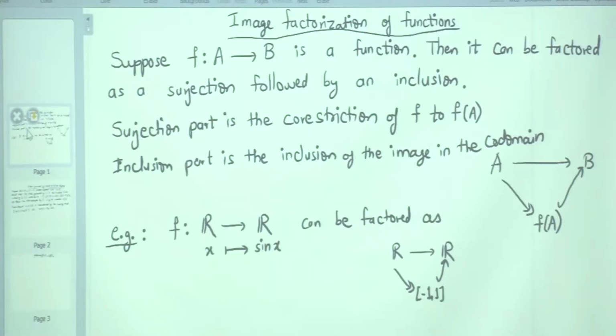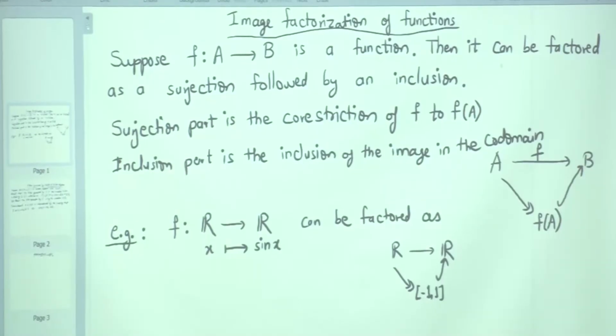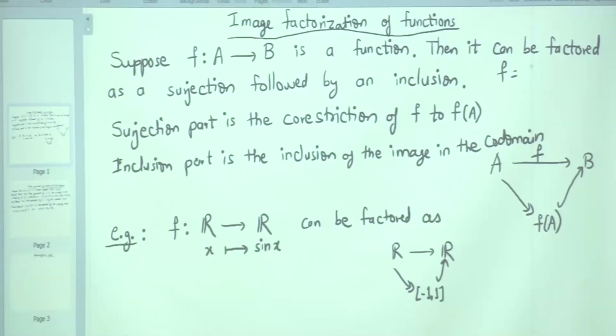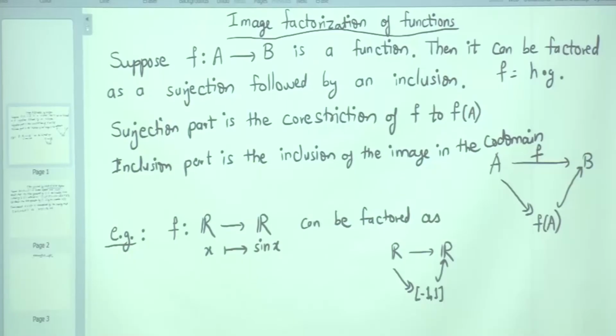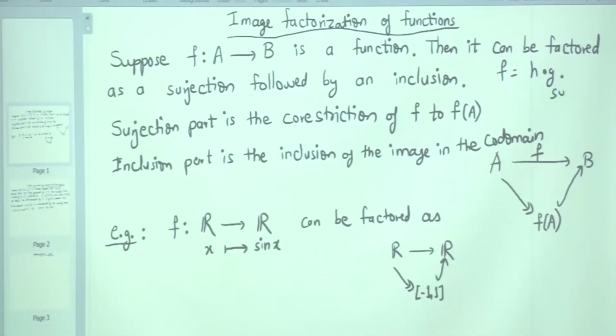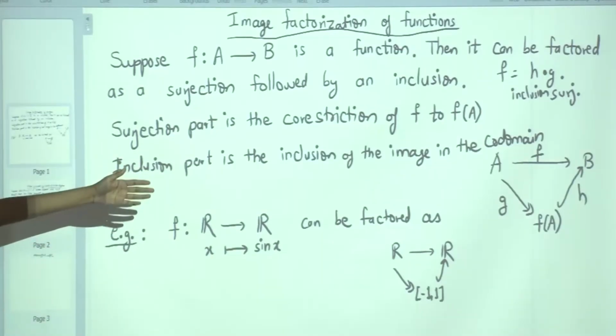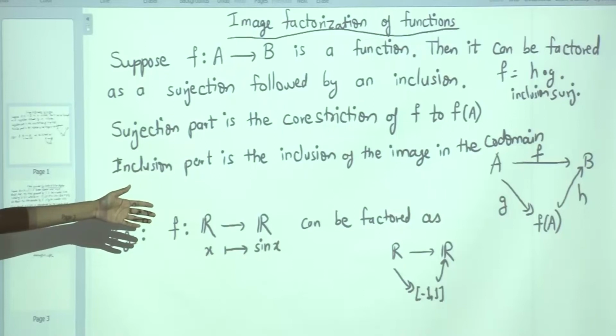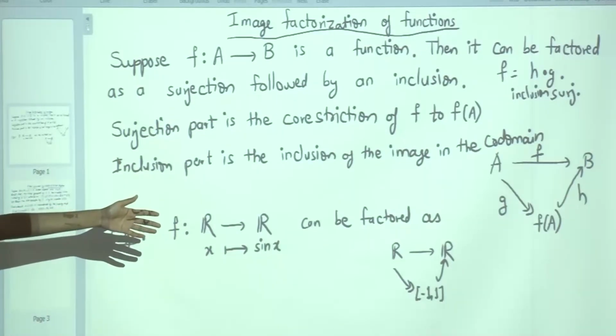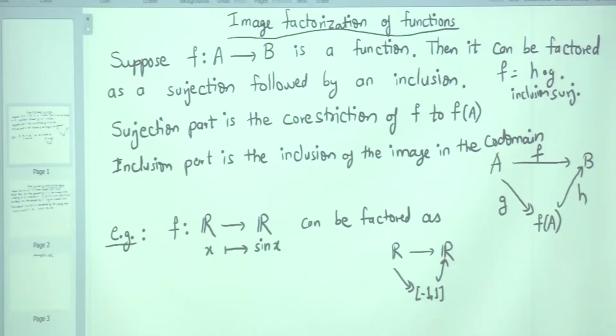So what is that? I have drawn the picture here. You look at a function f. We can say that f can be written as h composed with g, where g is a surjection and h is inclusion. So this is my g and this is my h. The surjection part is simply the co-restriction of our original map. Co-restriction means restrict the codomain and you make it as small as possible.